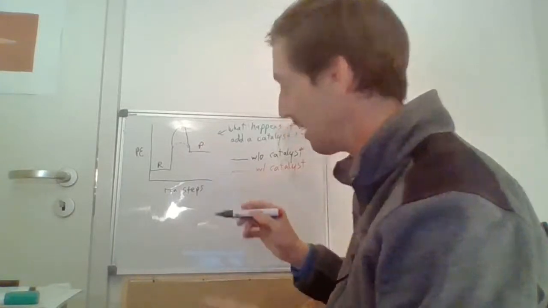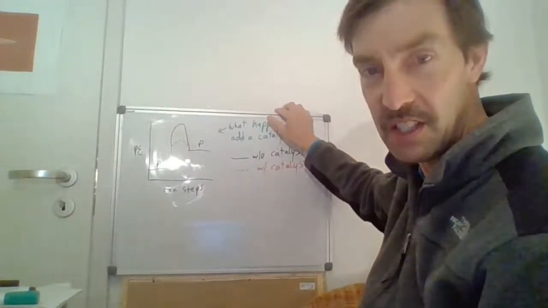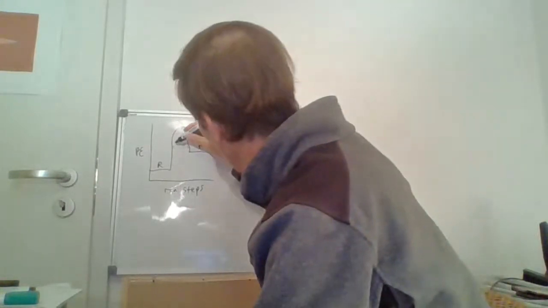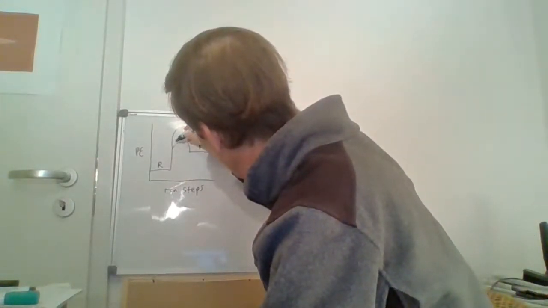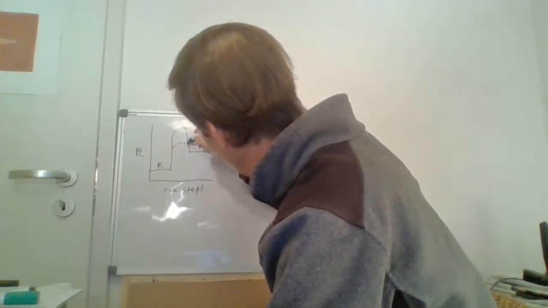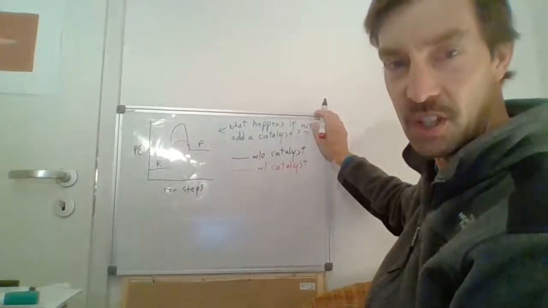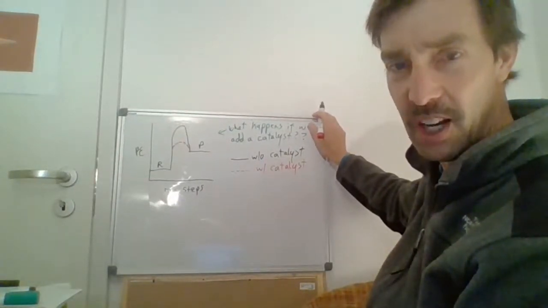Oh, it's like a shortcut. Can you see that? Can I make it darker maybe? How cool is that, huh? So it's sort of like a little activation energy tunnel, isn't it?